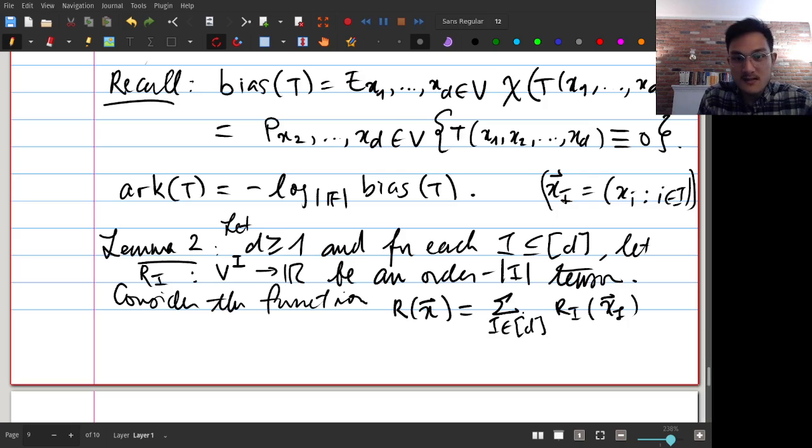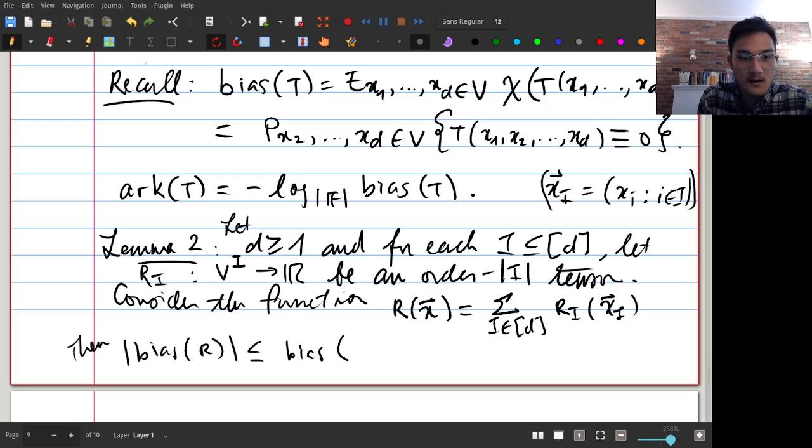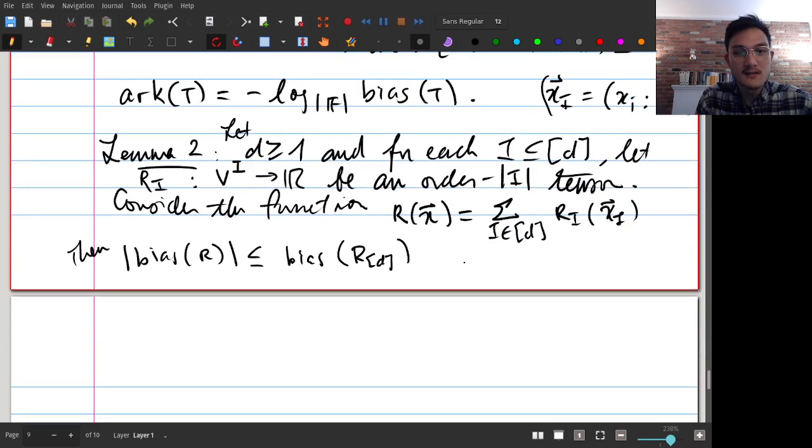So this is a sum of tensors, and the bias of R is less than or equal to the bias of the order D tensor. So you have a bunch of order size of I tensors for all I subset of D, but there's only one order D tensor in here.